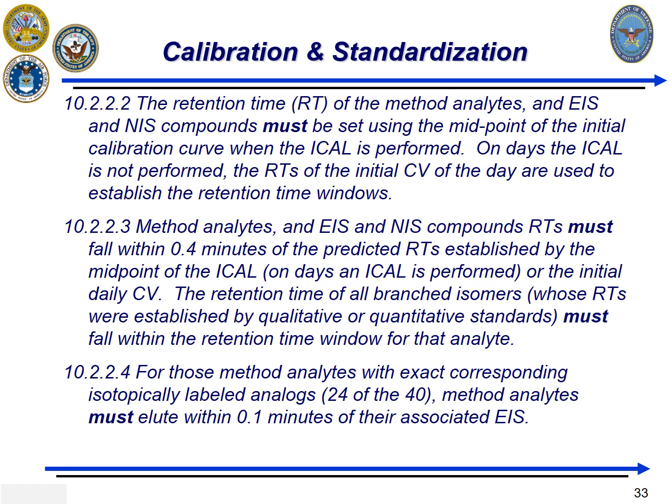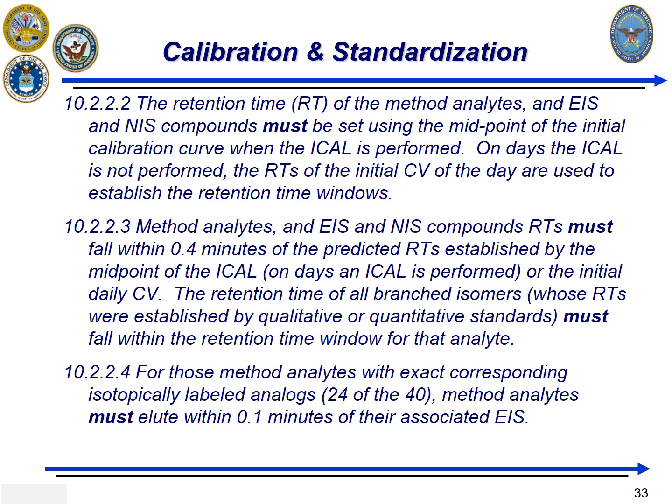Method analytes and EIS and NIS compound retention times must fall within 0.4 minutes of the predicted retention times established by the midpoint of the iCal or that daily initial CV, whichever was used. The retention time of all branched isomers whose retention times were established by qualitative or quantitative standards must fall within the retention time window for that analyte.